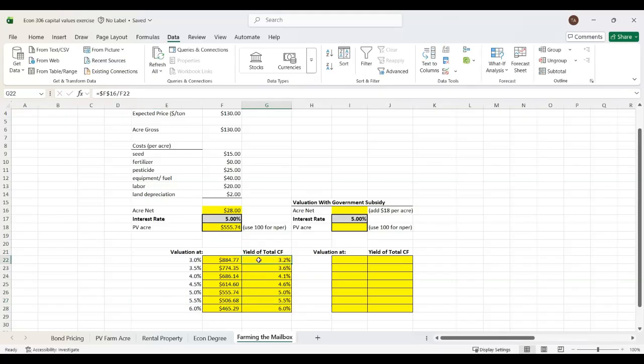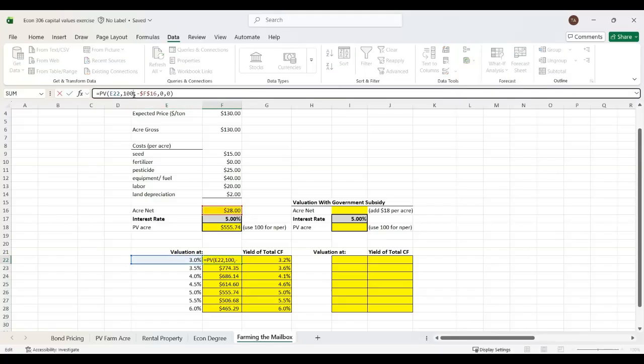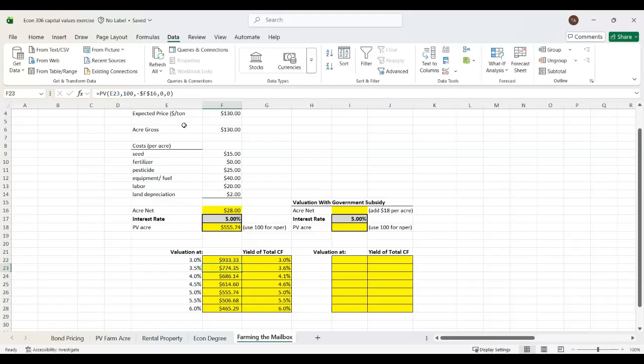In fact, the only reason the yield down here is not the interest rate is because there's a little time aspect in the present value calculation. If I made this basically a perpetuity, if I change it in per to 1,000, you'd see that the yield collapses exactly to the interest rate used in the valuation. But close enough, right?